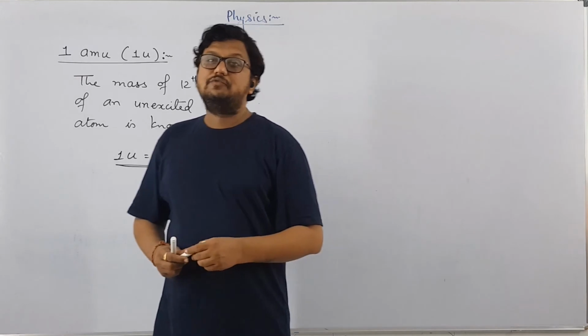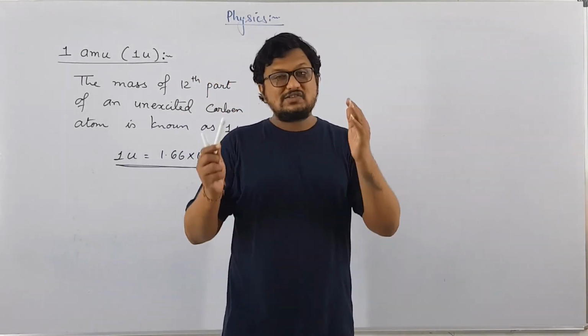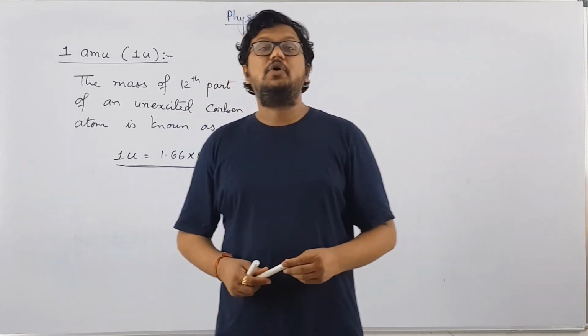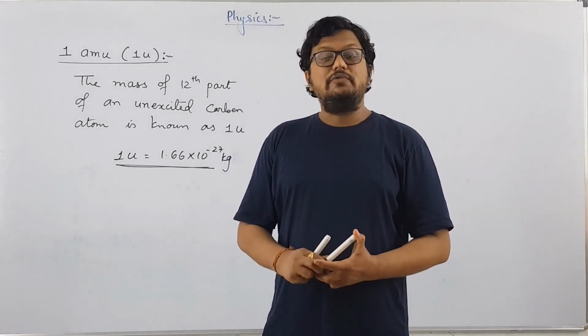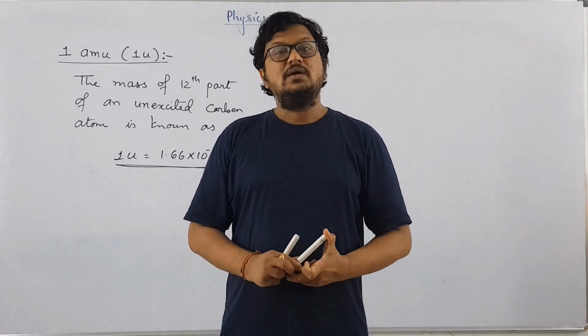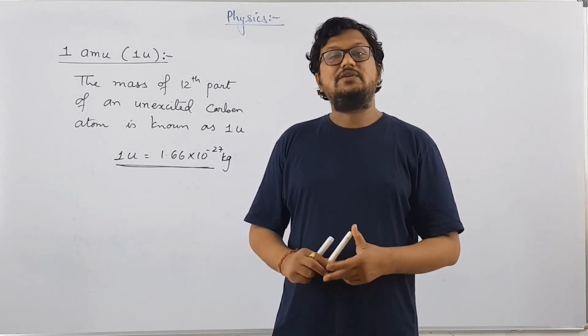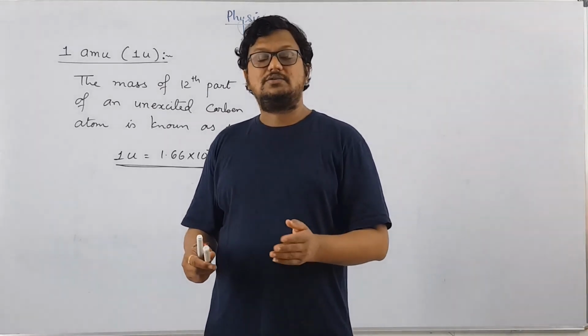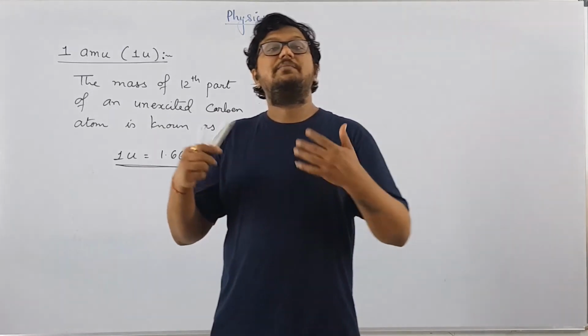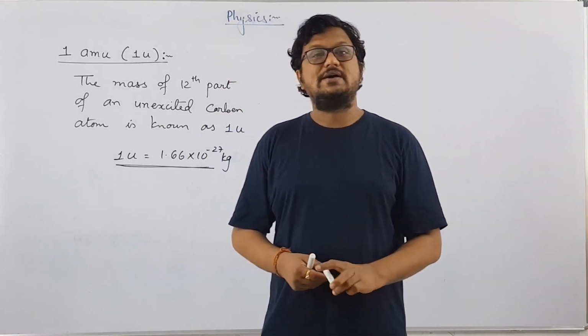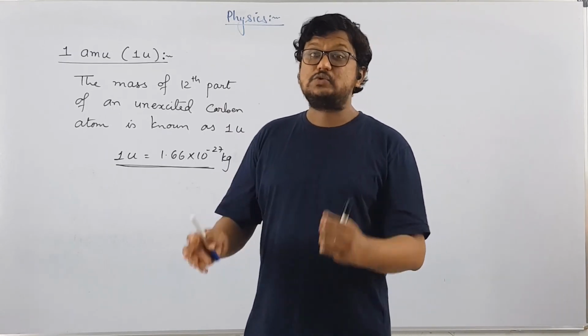Why do we have to define 1 U? Because the mass of electron is 9.11 into 10 to the power minus 31 kg. So always if we want to write the mass of electron in atomic and subatomic physics, we will write 9.11 into 10 to the power minus 31 kg. In the same way, the mass of proton is 1.67 into 10 to the power minus 27 kg.